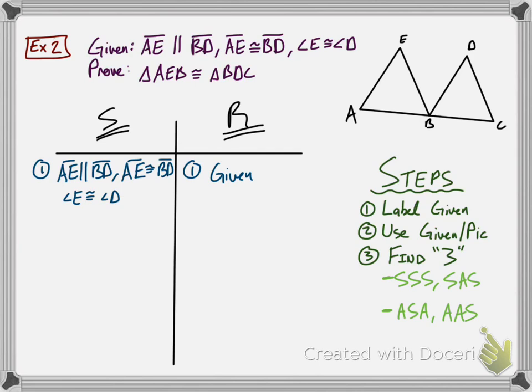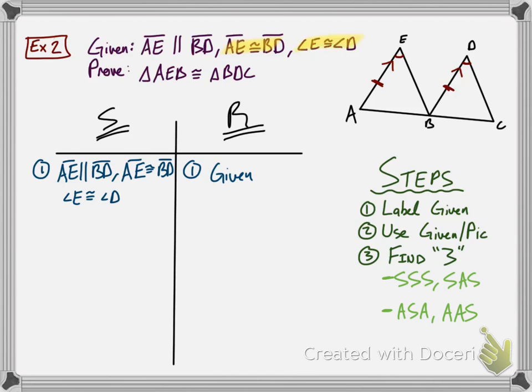We know that AE is parallel to BD. We also know that those are congruent. And our angles here at the top of our picture, E and D, are both congruent. And that's all based off of our given.